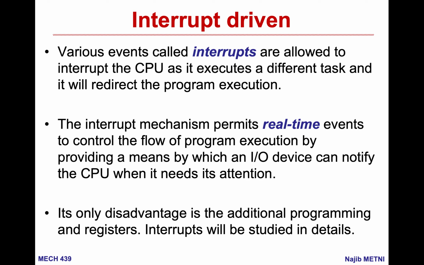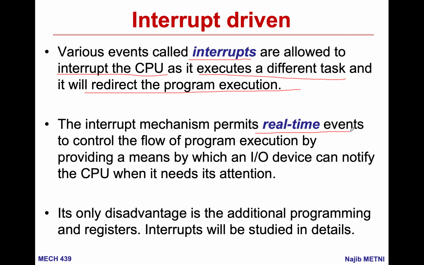Okay, so today I will explain about the poll strategy. So I will read this slide. Various events called interrupts are allowed to interrupt the CPU as it executes a different task, and it will redirect the program execution. The interrupt mechanism permits real-time events.